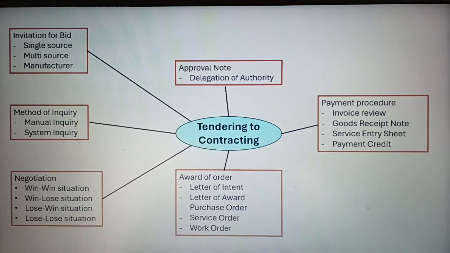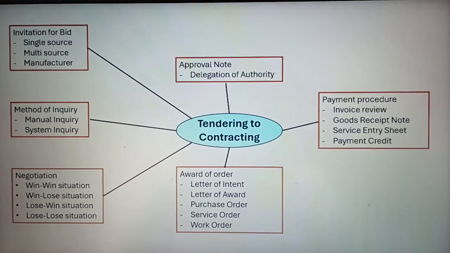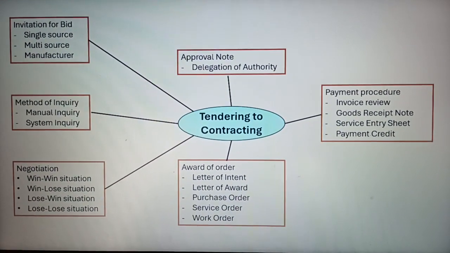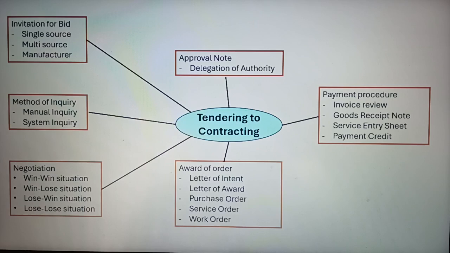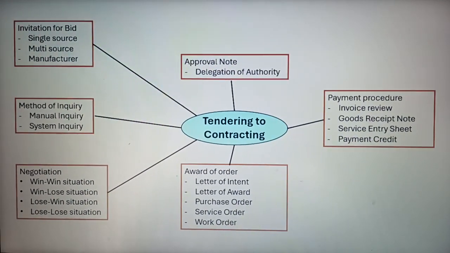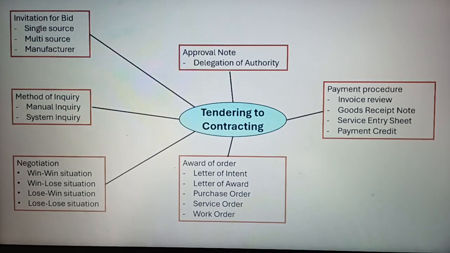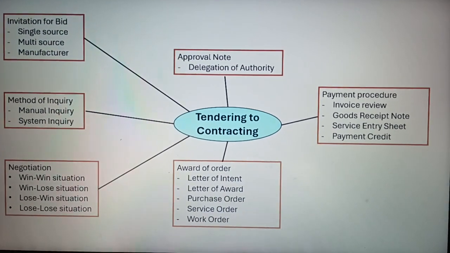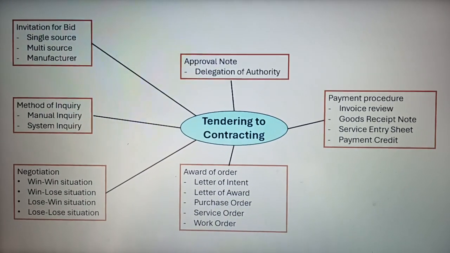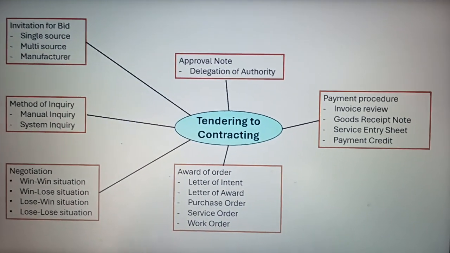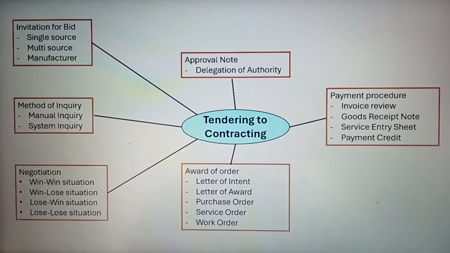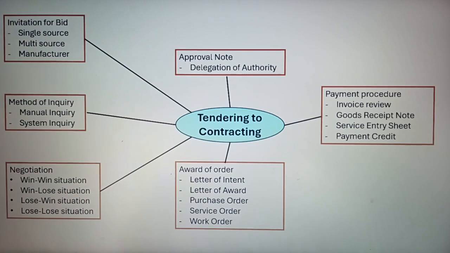GRN is also produced in different systems like SAP, Oracle, Ariba, and so on. Once GRN is produced, then finance will do their payment.